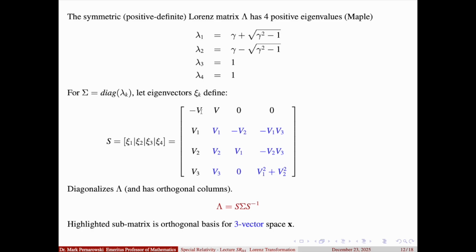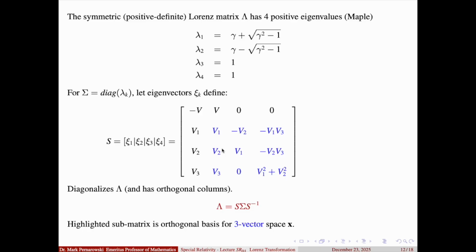The first column is the eigenvector of lambda 1, the second column is the eigenvector of lambda 2, etc. If you take the dot products, you'll see that they are indeed orthogonal to one another.